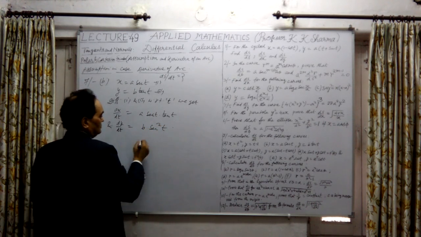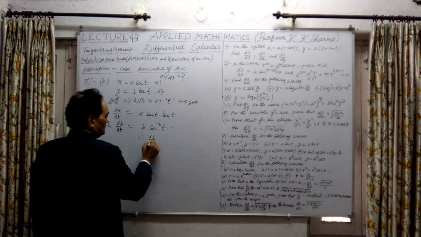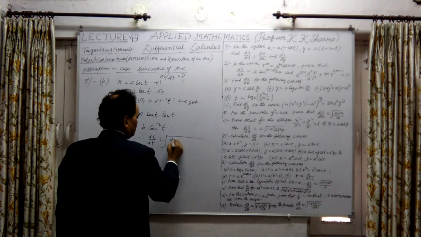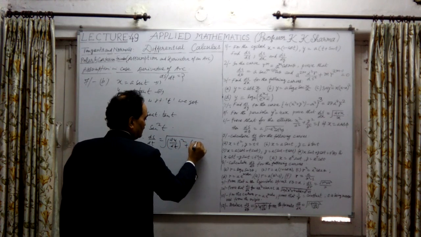Therefore, ds upon dt is equal to the square root of dx upon dt whole square plus dy upon dt whole square.